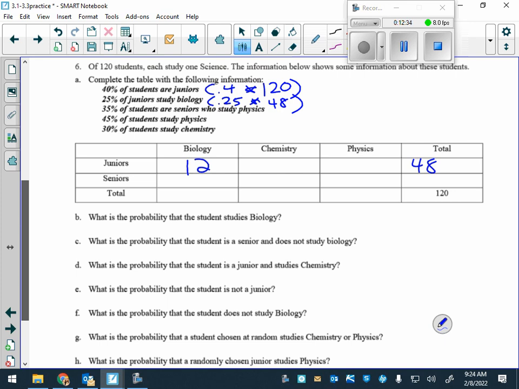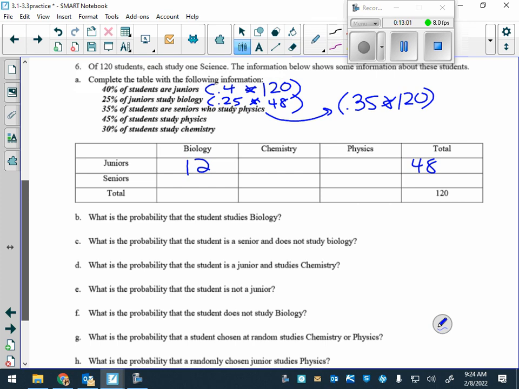Then 35% of students are seniors who study physics. So what do we do there? Good. 0.35 times 120. So how many of the students are seniors who study physics?